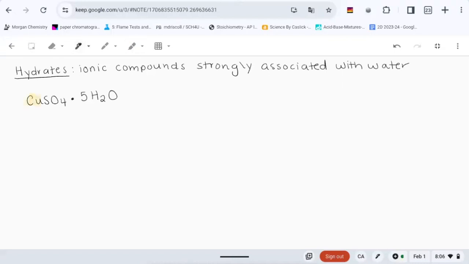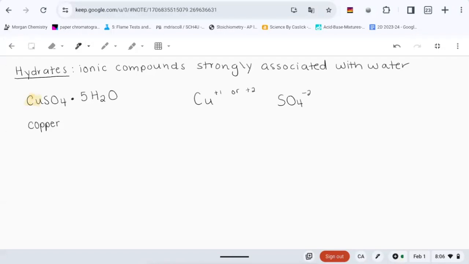Copper was one of those that had two options with it. Copper has +1 or +2, so we have to figure out which one it is. Sulfate is charged -2. So which one could we crisscross?